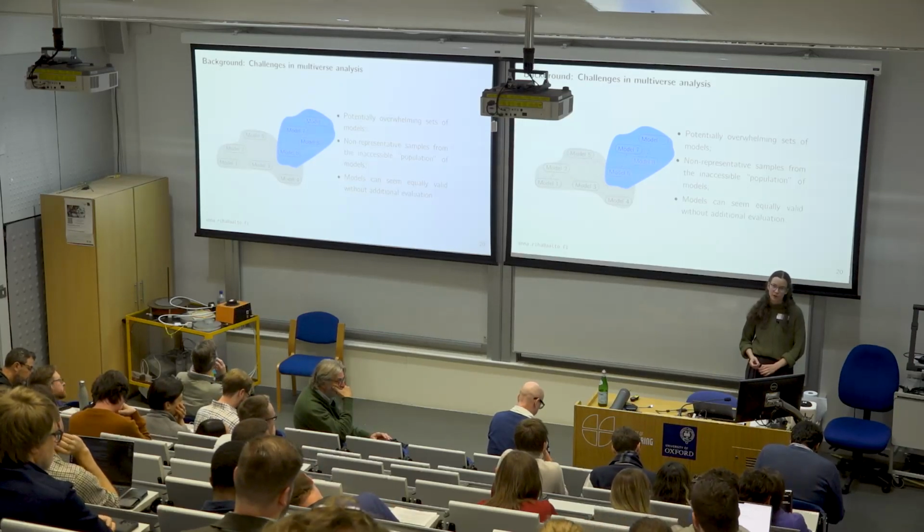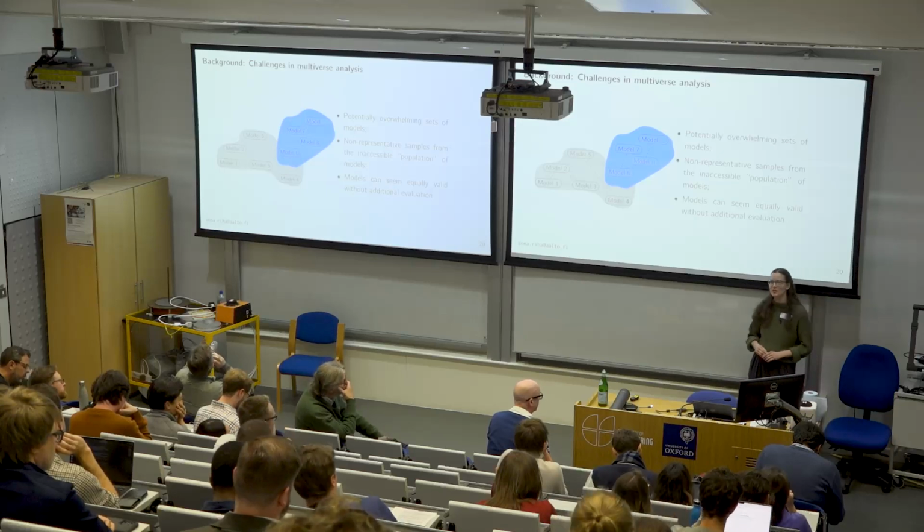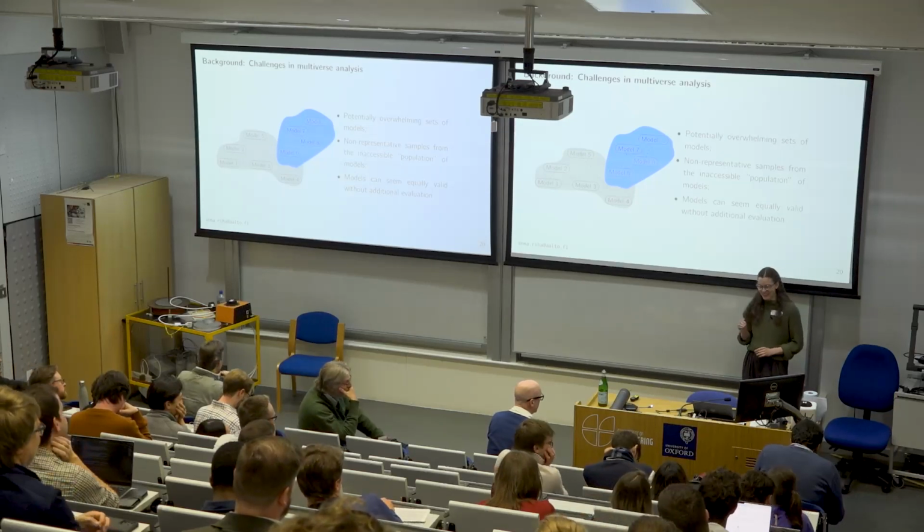Okay, I'm trying to keep track of the questions. Basically, we don't have a threshold, neither for the set of models that you should start with, nor for the set of models that you end up with, because we are working under the assumption that we take a set of modeling choices that the modeler decides on.